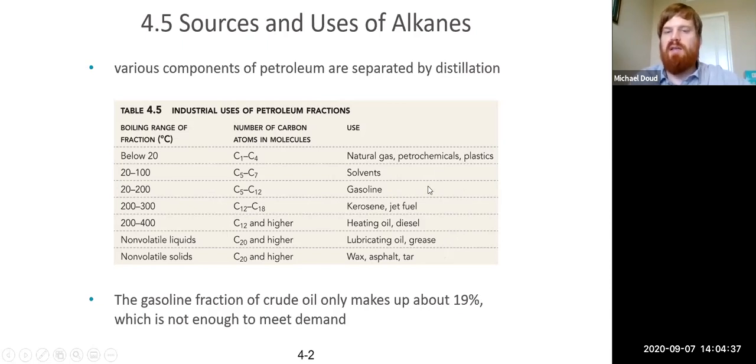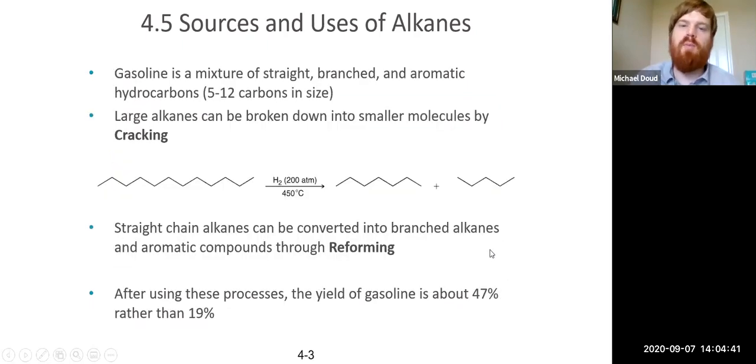So you have to find a new way to make it. So let's just talk about that real quick, which is what we call cracking. What you can do is you take these larger alkanes. So this alkane is 1, 2, 3, 4, 5, 6, 7, 8, 9, 10, 11, 12 carbons long. And what you do is you heat it at high pressure, and it's usually over some kind of catalyst. So it could be a zinc or a platinum catalyst. And with 200 atmospheres of hydrogen, that's a tremendous amount of hydrogen pressure.